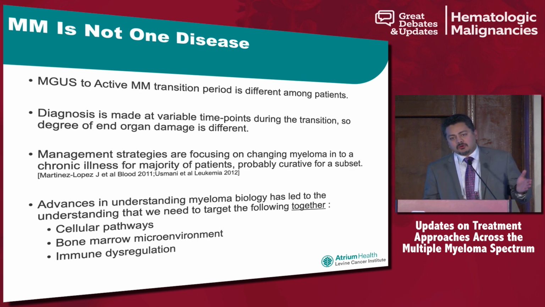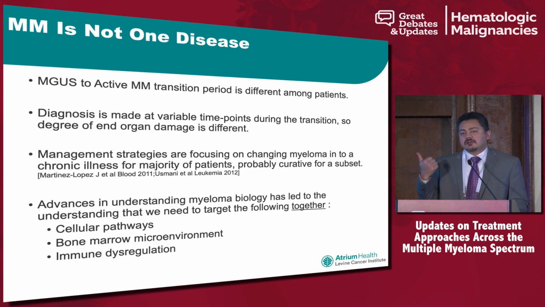So this monoclonal gammopathy to active myeloma transition is dictated by the myeloma cell biology, the immune repertoire, as well as what's happening in the individual patient's bone marrow microenvironment. All those three things make an important impact on the natural history of disease in a given patient.